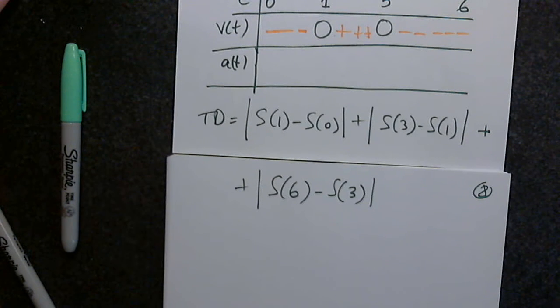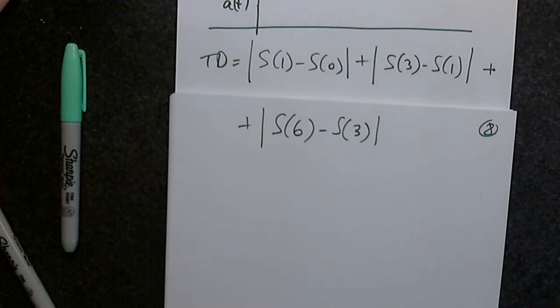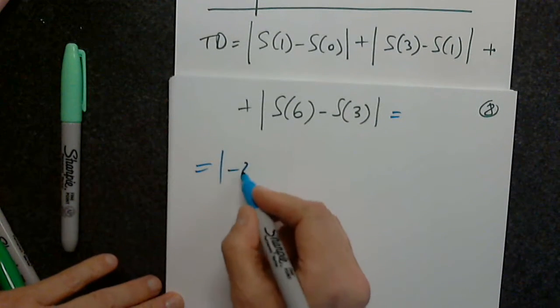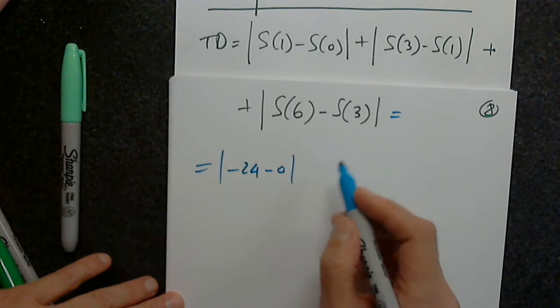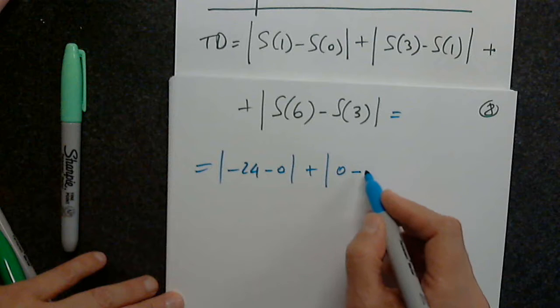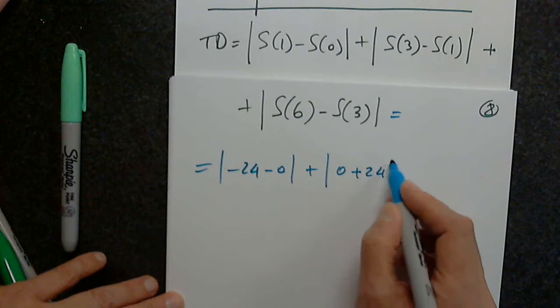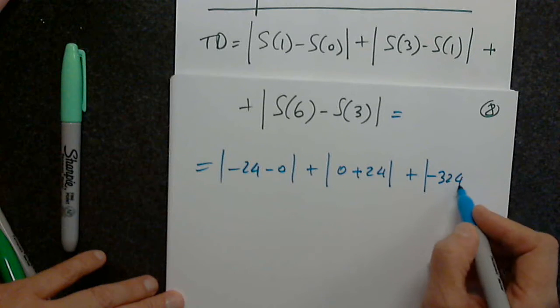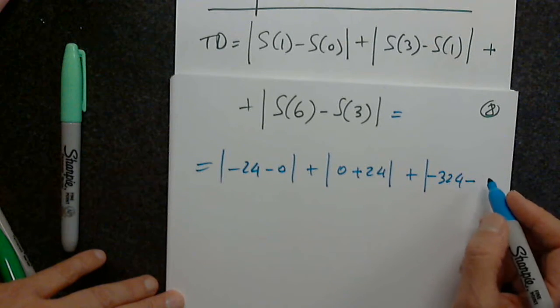And now, after you determine these numbers, put them in the formula for the total distance. So we have s of 1, negative 24 minus 0, plus the absolute value of s of 3, which is 0, minus negative 24. And finally, plus negative 324 minus s of 3, which is 0.